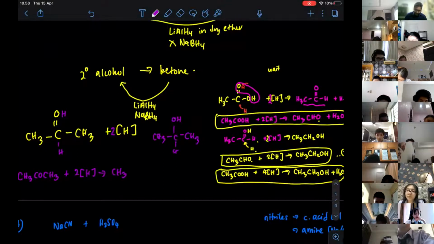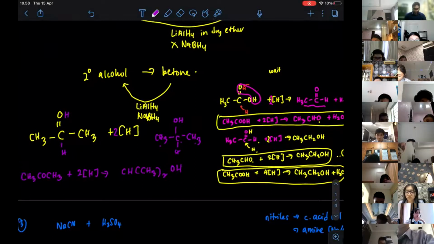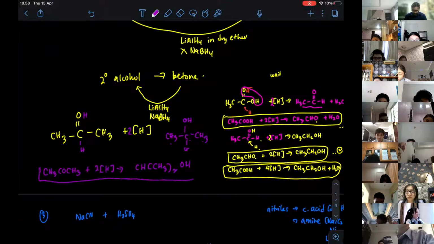I want to write this in terms of alcohol; I think different ways can be used. I just use carbon, hydrogen, bracket CH3, that's 2, and then OH. This is the equation I can write to show the reduction of ketone to secondary alcohol.